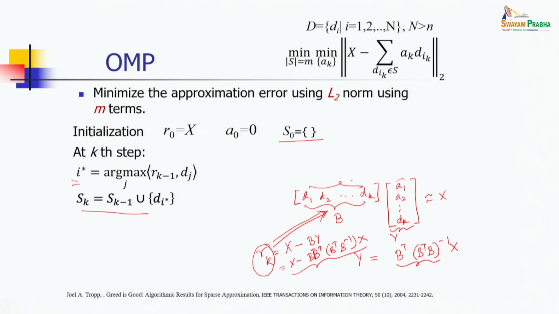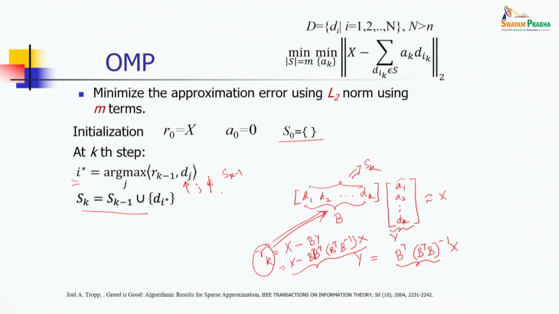So this forms the SK. In the next step, you only consider those atoms which are not included in SK. So here you only consider those J which are not included in SK minus 1. That is the interesting part.